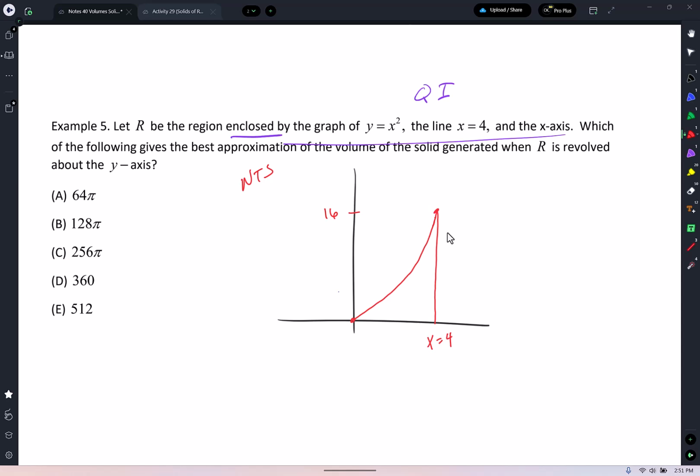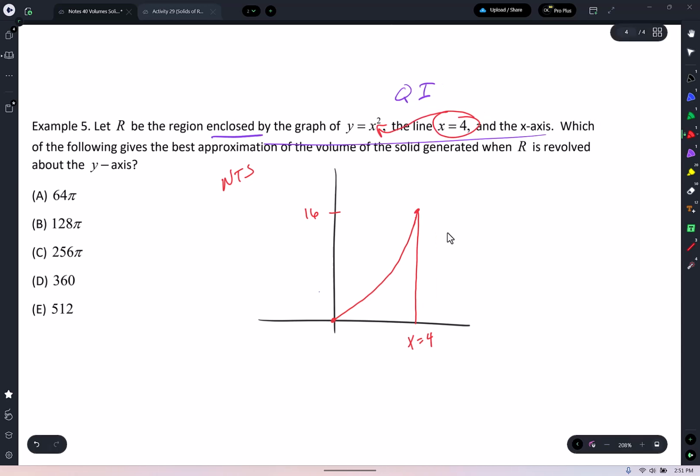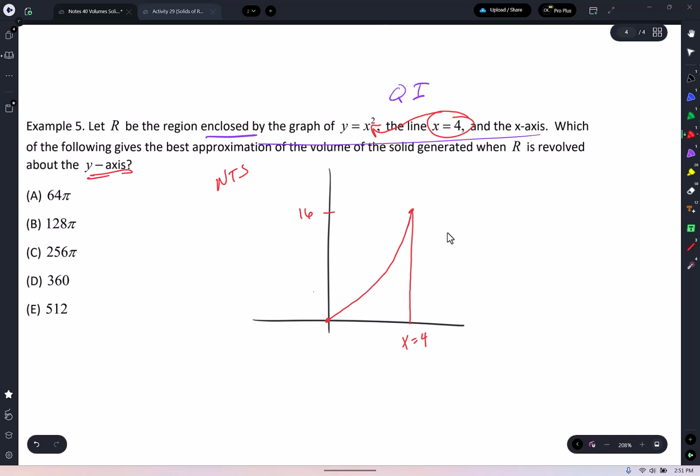Okay. Did everyone know where I got the 16 from? Yeah, when x is 4, plugging a 4 in here, 4 squared is 16. So it's not to scale. 4, 16. And I'm rotating this about the y-axis. So it's going to look like this, symmetrical on the y-axis.